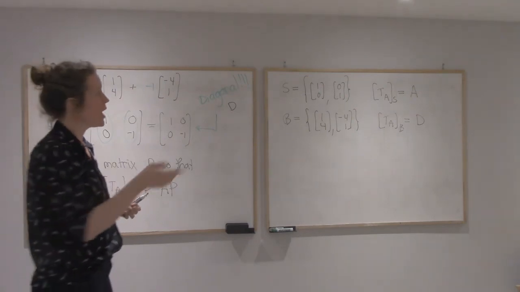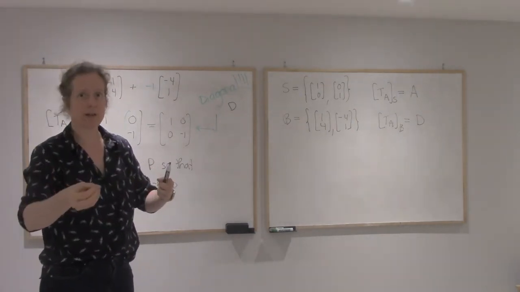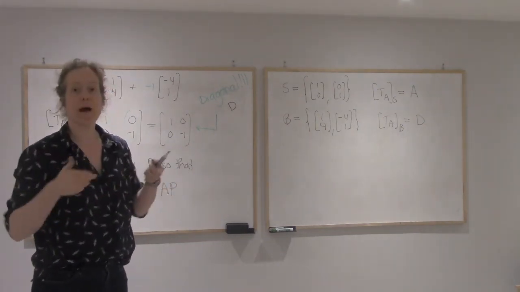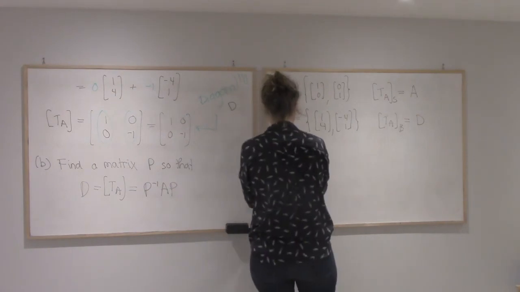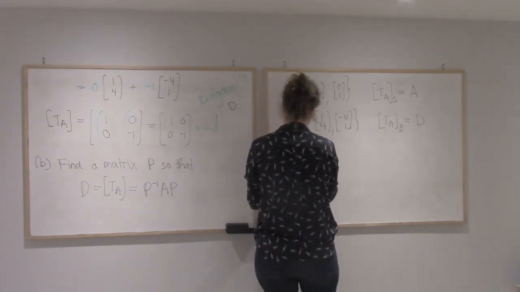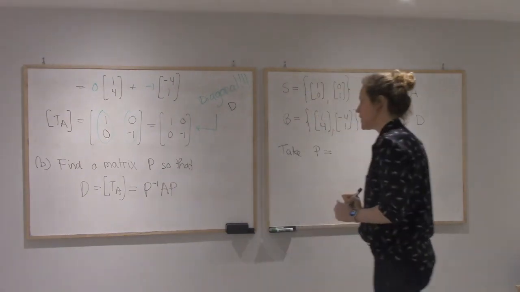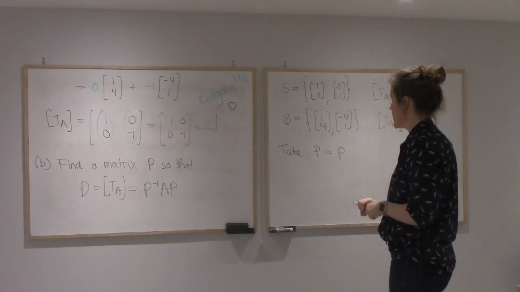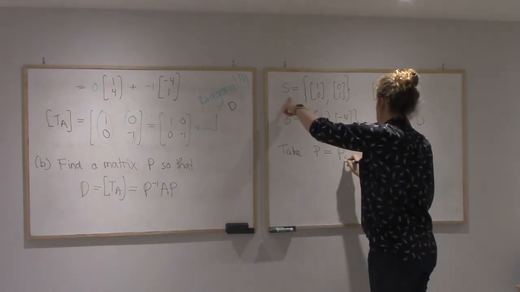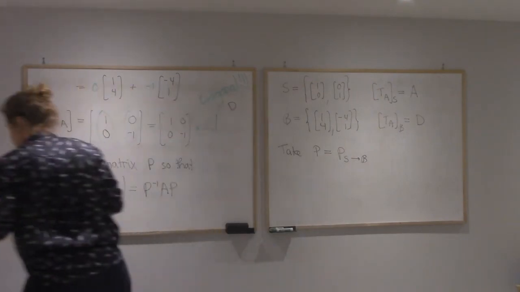We've already talked about how different matrices for the same linear transformation differ by a change of basis matrix. So I'm going to take P to be the matrix that takes us from, wait, is it B to S or S to B?